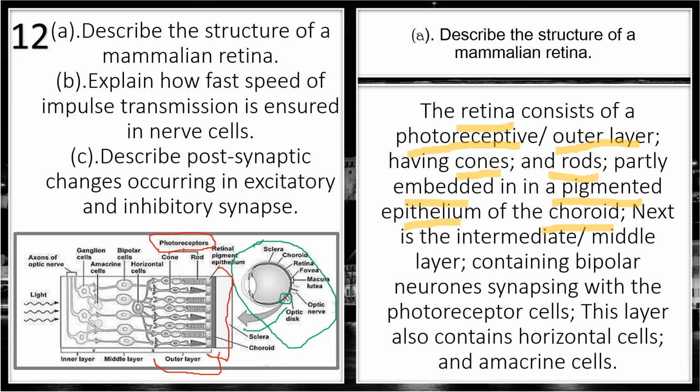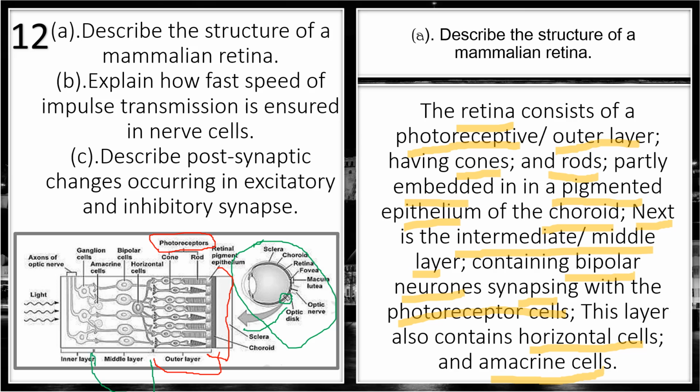Next is the intermediate, or the middle layer, and this one contains the bipolar neurons synapsing with the photoreceptor cells. This layer also contains the horizontal cells and the amacrine cells. So we have now the middle layer. The middle layer comes from here and it goes up to here.